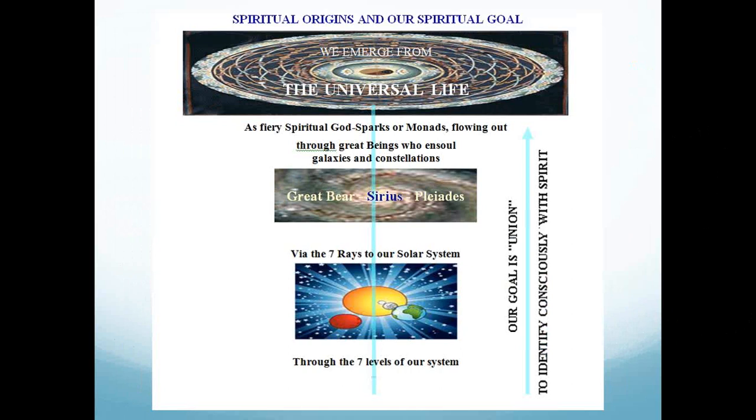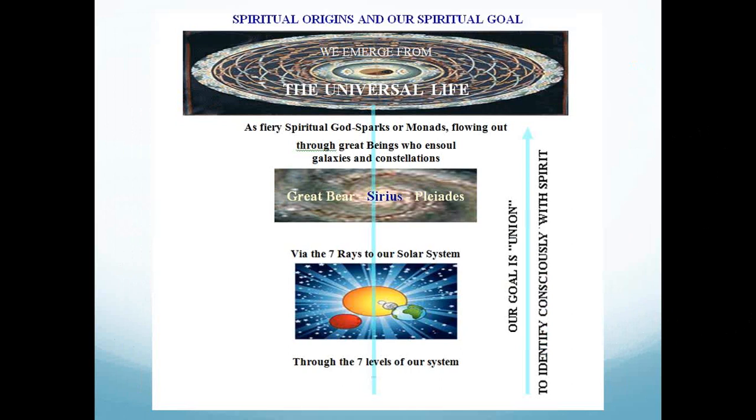But the spark of life, the spark of God, or the monad, it all originates from the life that ensouls everything, everything. And it flows out through these three huge constellations.